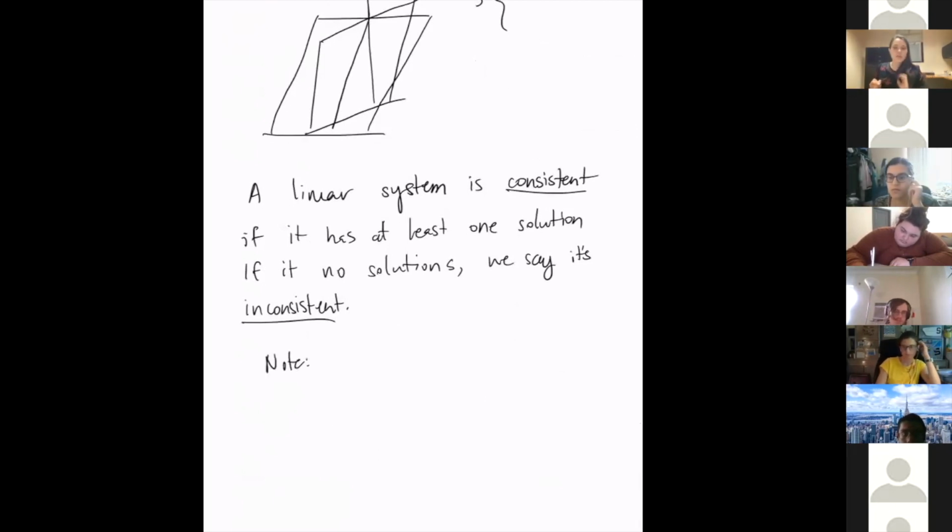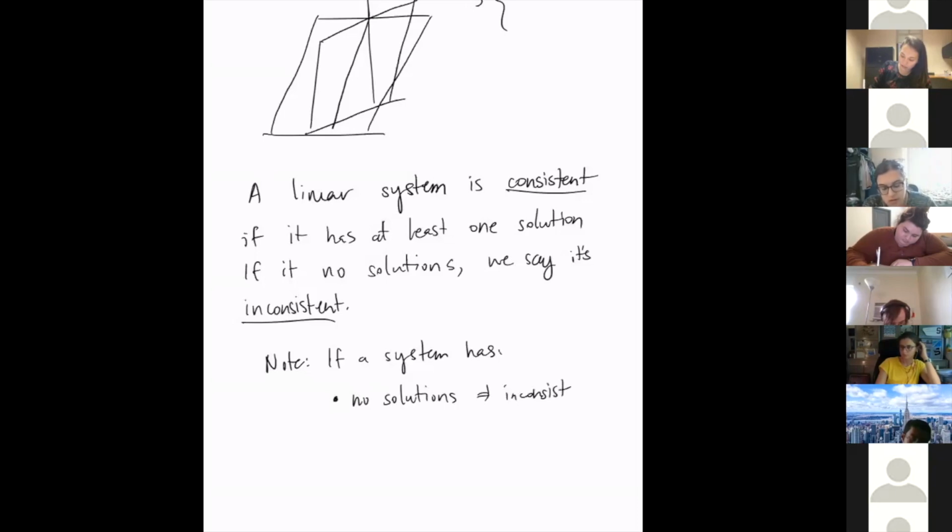One thing to note: we're going to go through those three possibilities. If it has no solutions, like I said, that means it's inconsistent. If it has one solution, then it is consistent, and also that solution is unique.